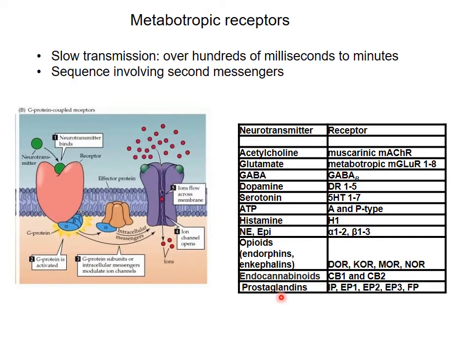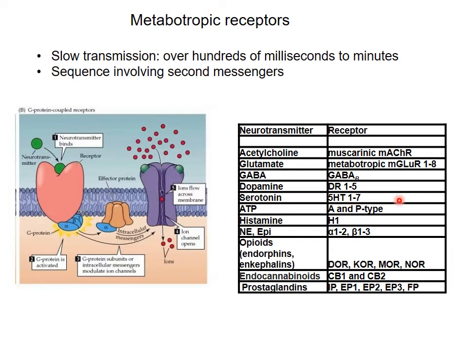Pretty much all neurotransmitters have metabotropic receptors to which they bind. For acetylcholine, metabotropic receptors are muscarinic acetylcholine receptors. For glutamate, they are called metabotropic glutamate receptors, and there are 8 different subtypes. GABA B receptors are metabotropic. All of the dopamine receptors are going to be G protein coupled receptors.